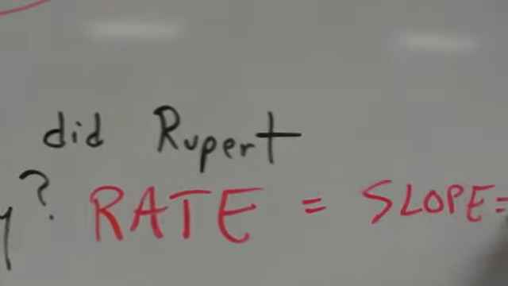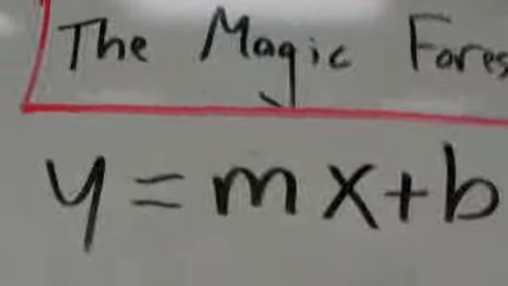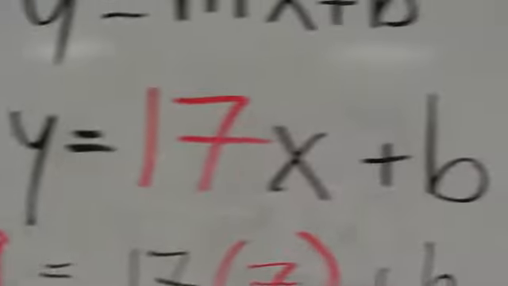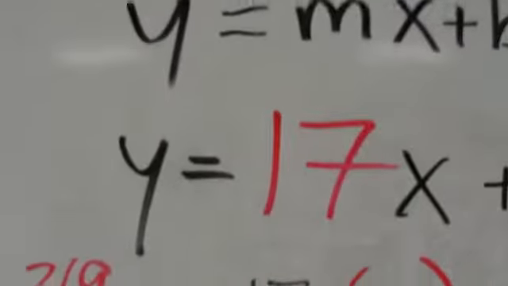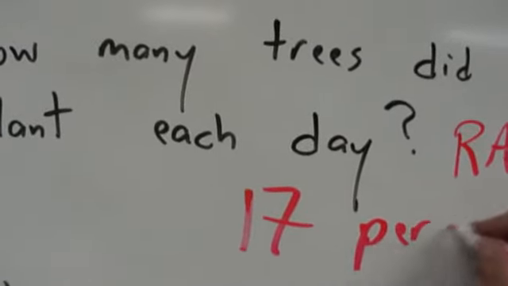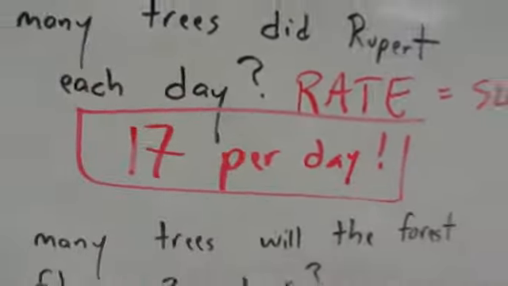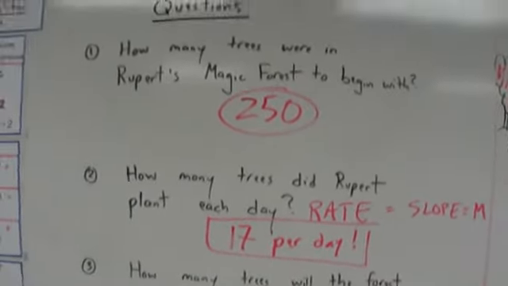Where does the slope go? That's the M, in Y equals mx plus b. We figured that out early on. M is 17, boom! That's the slope, that's the rate. He was planting 17 trees a day. 17 per day. That's our answer for that one. We're good.